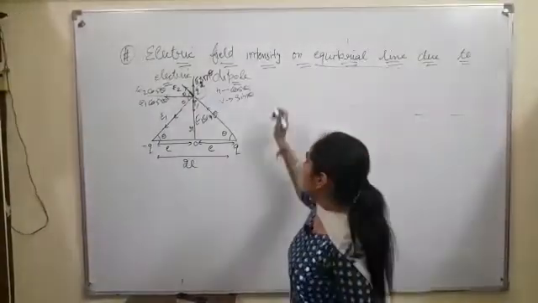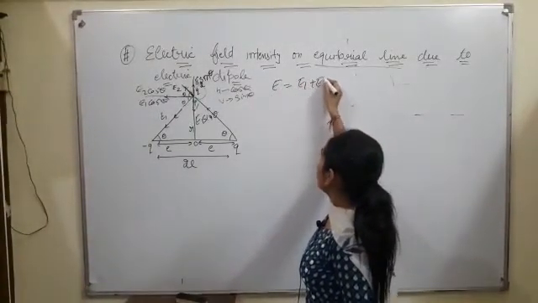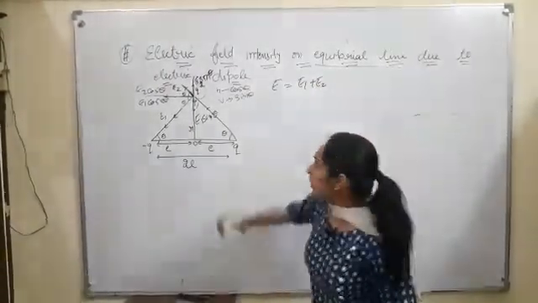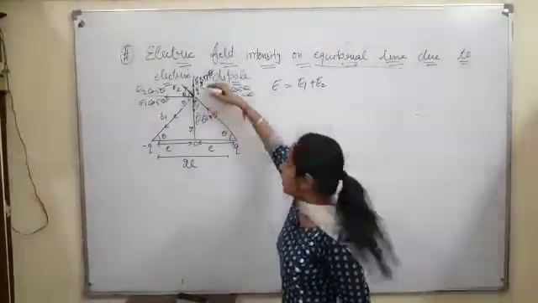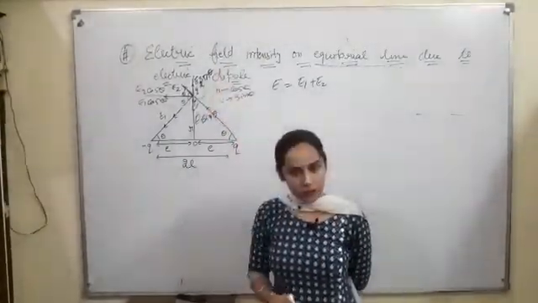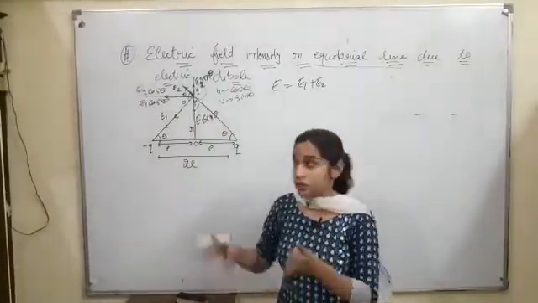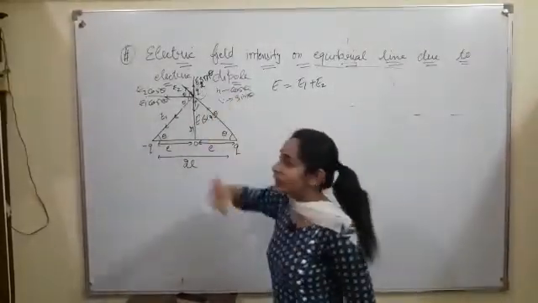So the total electric field will be equal to E1 plus E2 along with their components. Now see this thing beta, the vertical component E1 sin theta is in this direction and E2 sin theta is in the opposite direction. Their magnitudes are the same, yet directions are different, so both these components will get cancelled out.